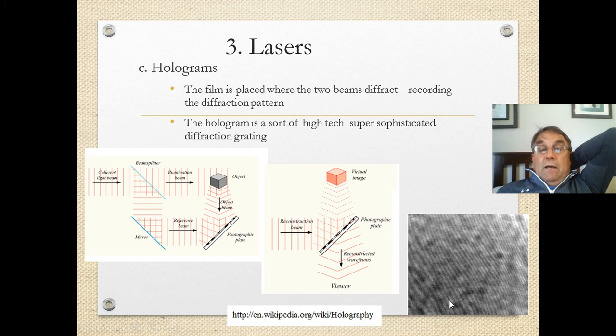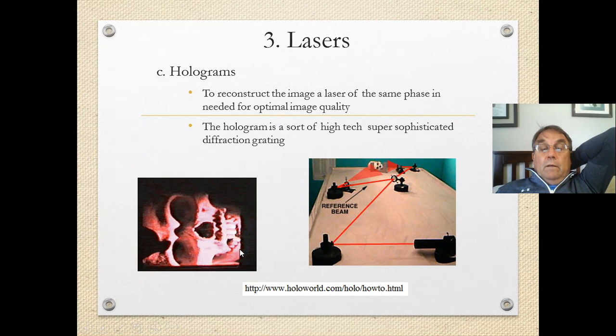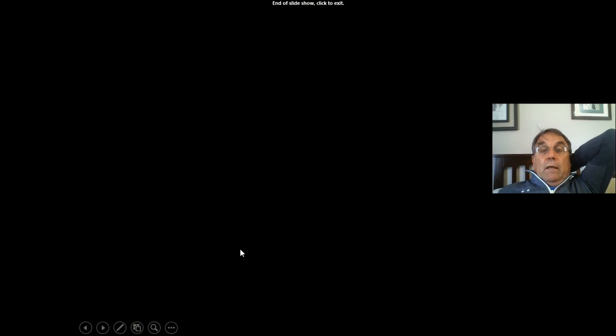But this is not straight lines; it's lines that give the net effect of this object due to the interference pattern and diffraction pattern that occurs when the reference beam and the object beam interfere with each other. That's in a nutshell how holograms are produced.